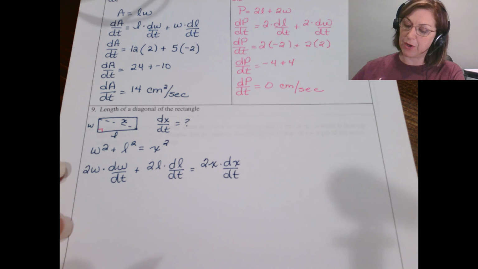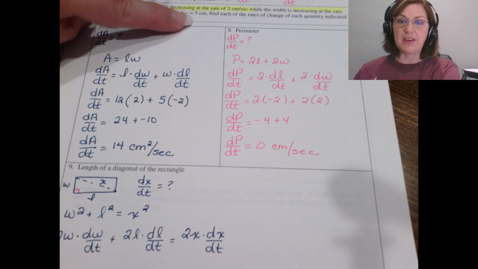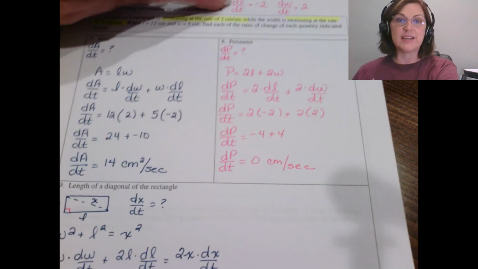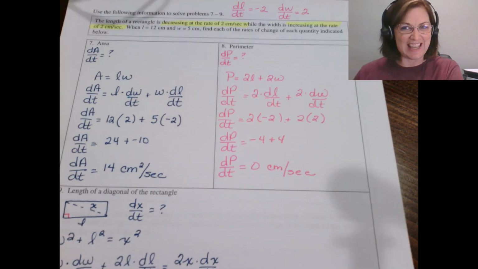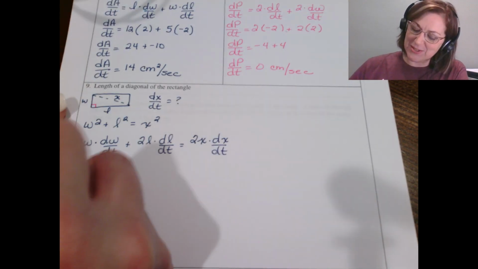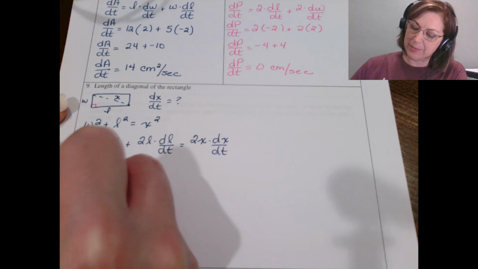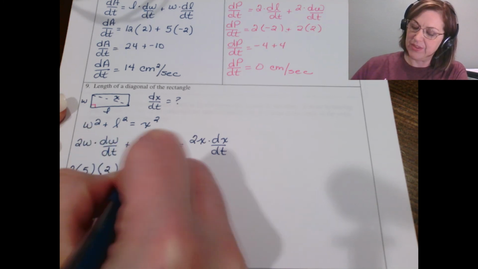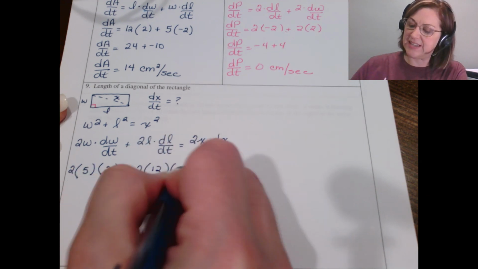Remember, this time we're going to go back and use the length being 12, the width being 5, as well as our dL/dt and our dW/dt. So let's plug those values in. The width was 5 and dW/dt is 2. The length is 12 and dL/dt is -2.